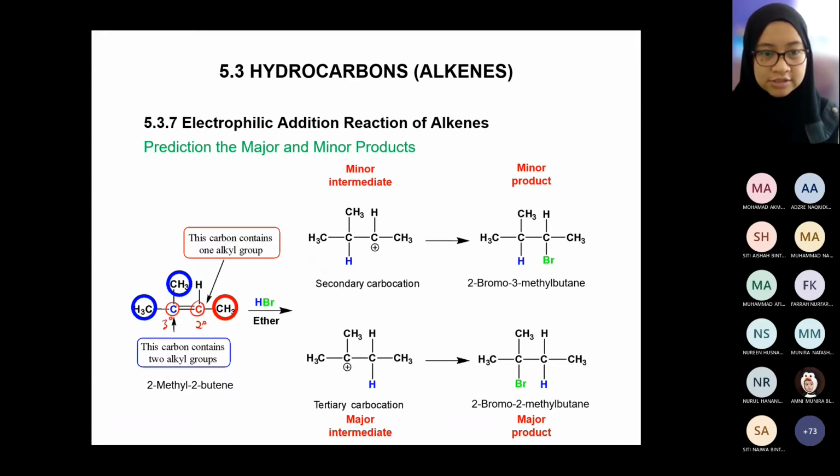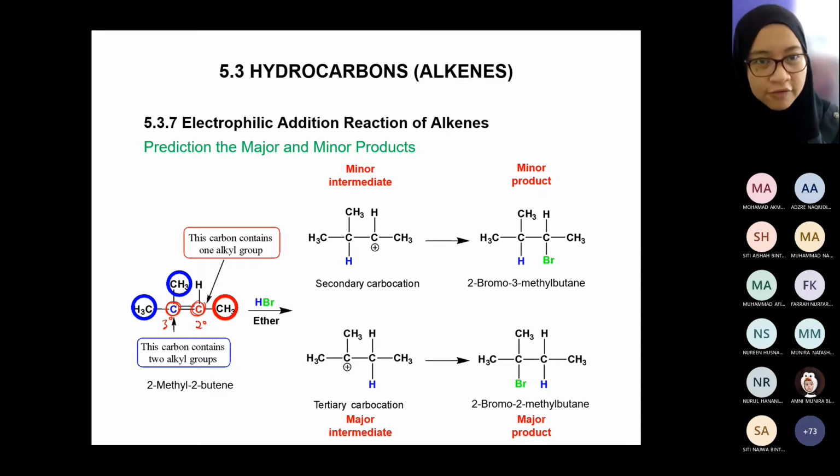So when this is secondary carbon, it has the tendency to form secondary carbocation later on. Maksudnya hydrogen will first be added to this carbon and leaving this as the carbocation. Tu yang jadi secondary carbocation tu. Okay?